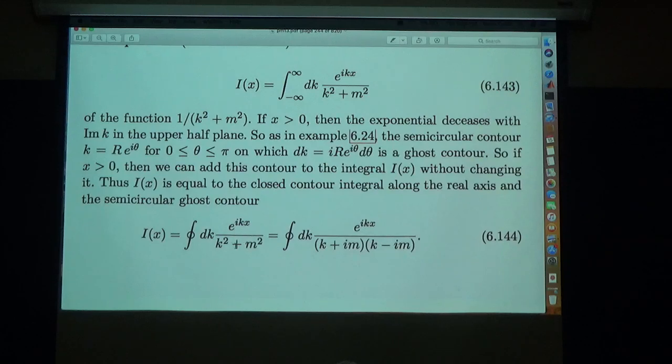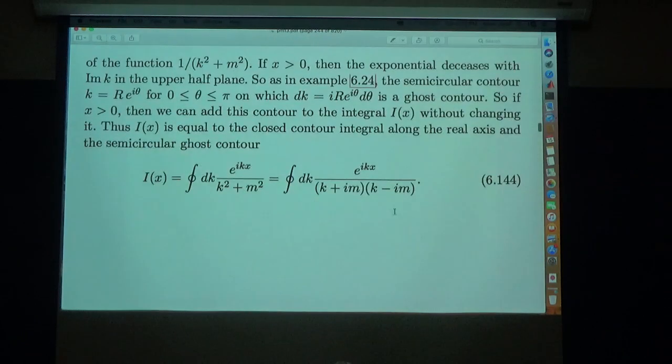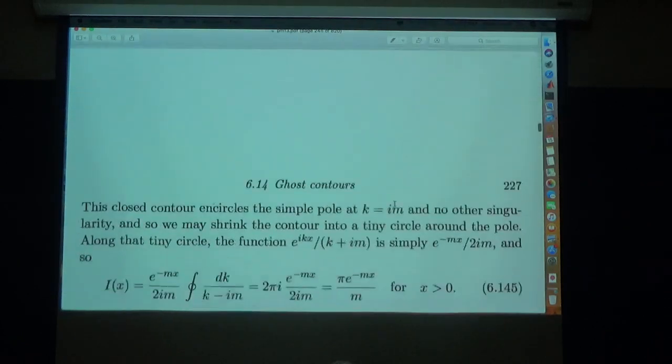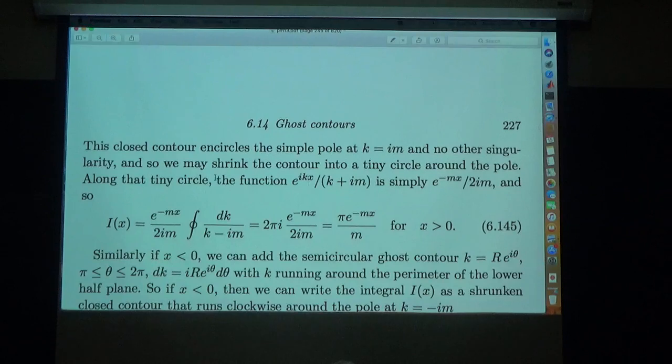Then when we factor the denominator, we see there are two poles on the imaginary axis, one at im and one at minus im. Once we have the ghost contour, we can deform the contour and shrink it so that it's just around the pole at k equal to im.